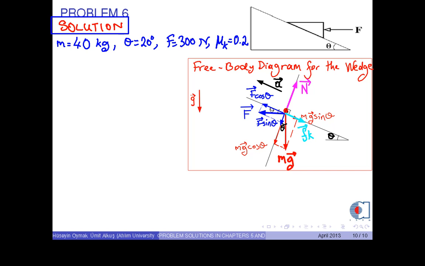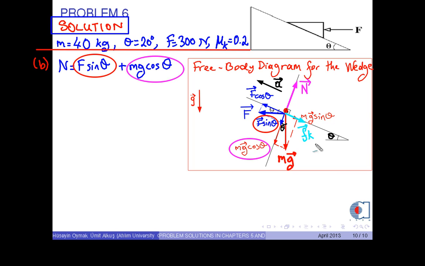In order to find an expression for Fk, we first find the normal force. In this configuration, it has the magnitude of the same amount as the net force in this direction. Then it is n equals F times sine theta plus m times g times cosine theta.